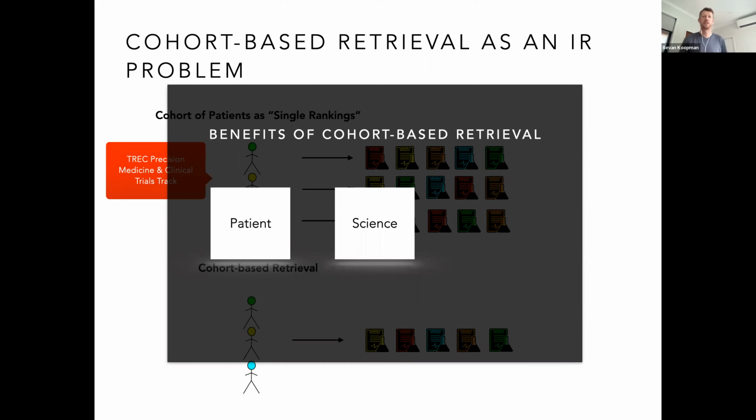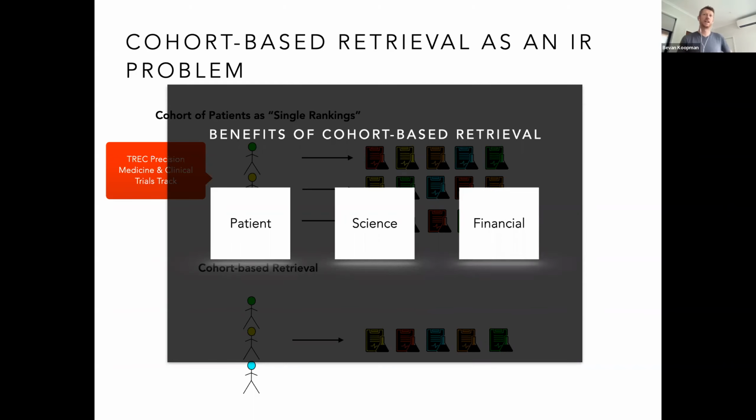From a scientific perspective, you're now enrolling more patients and better patients into trials. That means the trials are more robust, more rigorous experiments, and essentially you're advancing medical science and research.